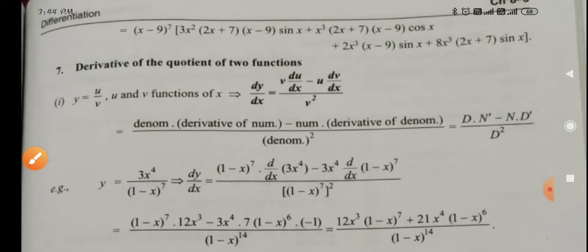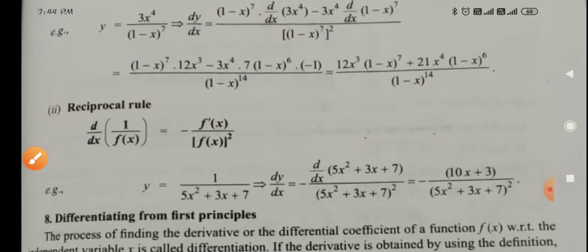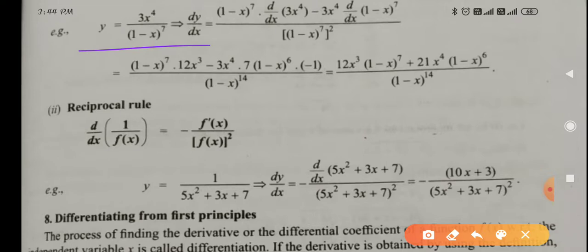And an example is also given, you can see: y equals 3x to the power 4 upon 1 minus x to the power 7. So (1 minus x to the power 7) whole squared, because you have to take the denominator squared. Now in the numerator, denominator same, (1 minus x to the power 7) multiplied by the derivative of the numerator d upon dx of 3x to the power 4, minus numerator 3x to the power 4 same, and derivative of the denominator d upon dx of (1 minus x to the power 7).